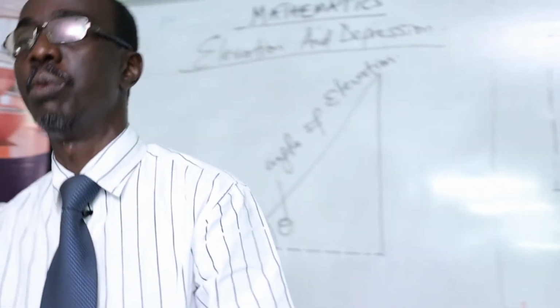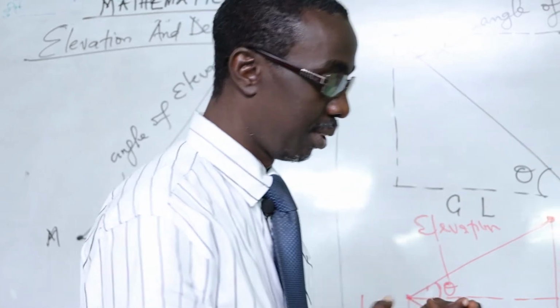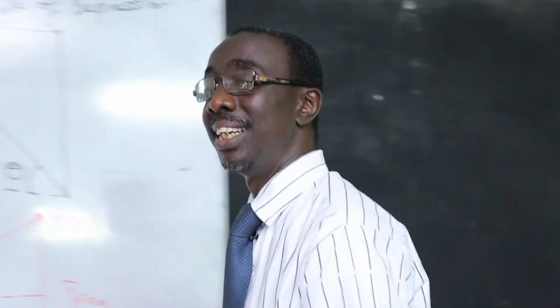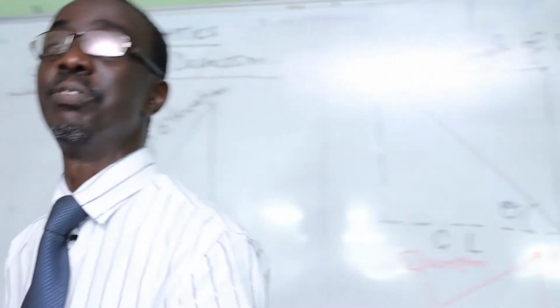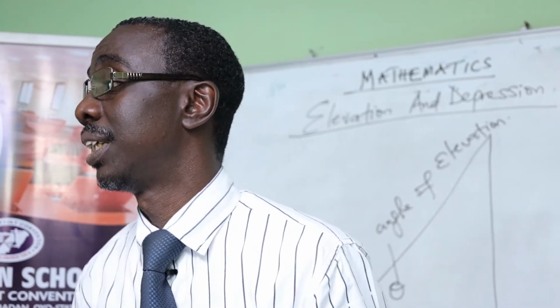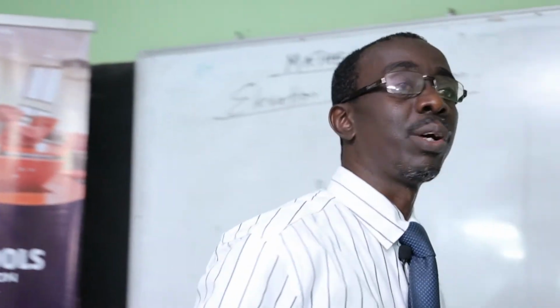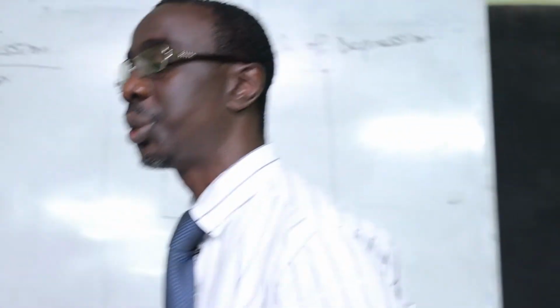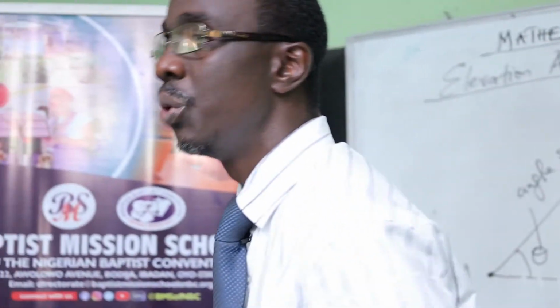That's a word problem on elevation and depression. And this question is not even asking us to illustrate the information in a diagram. Did the question say that? So are we saying because the question did not say illustrate the information in a diagram, you will not do a diagram? You cannot solve elevation and depression problems without drawing the diagram.